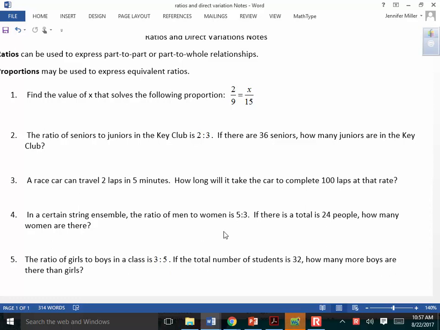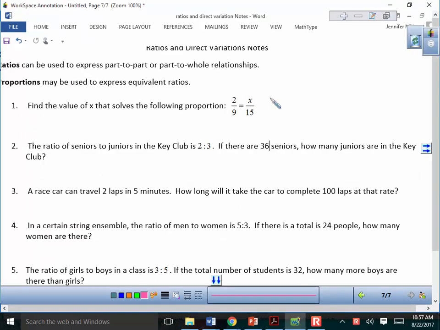And number 2, it says the ratio of seniors to juniors in the Key Club is 2 to 3, okay? A ratio 2 to 3 is just the same as saying 2 divided by 3.